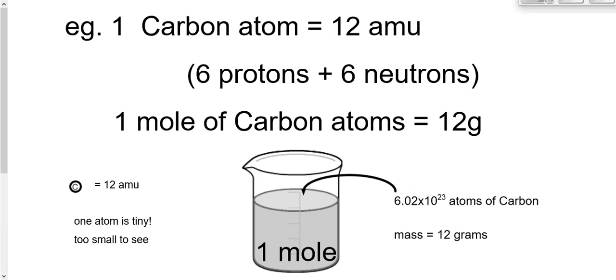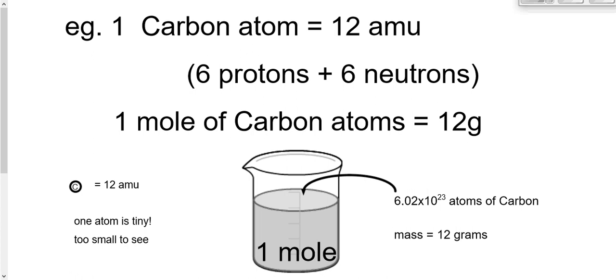Grab your periodic tables and take a look at carbon for one moment. On the periodic table, you'll notice that the atomic mass of 1 atom of carbon is 12 AMUs, atomic mass units. It weighs 12 because carbon contains 6 protons and 6 neutrons in its nucleus. 1 atom is 12 atomic mass units.